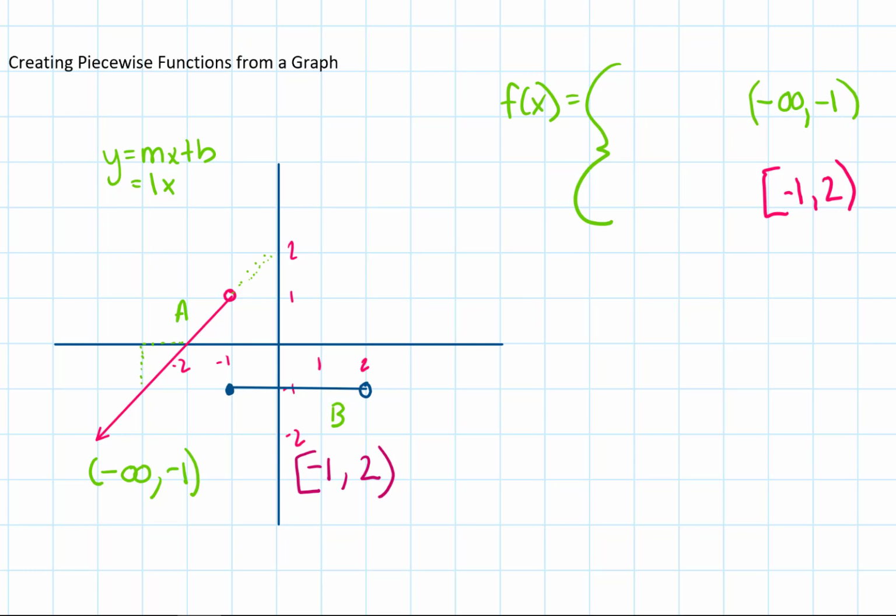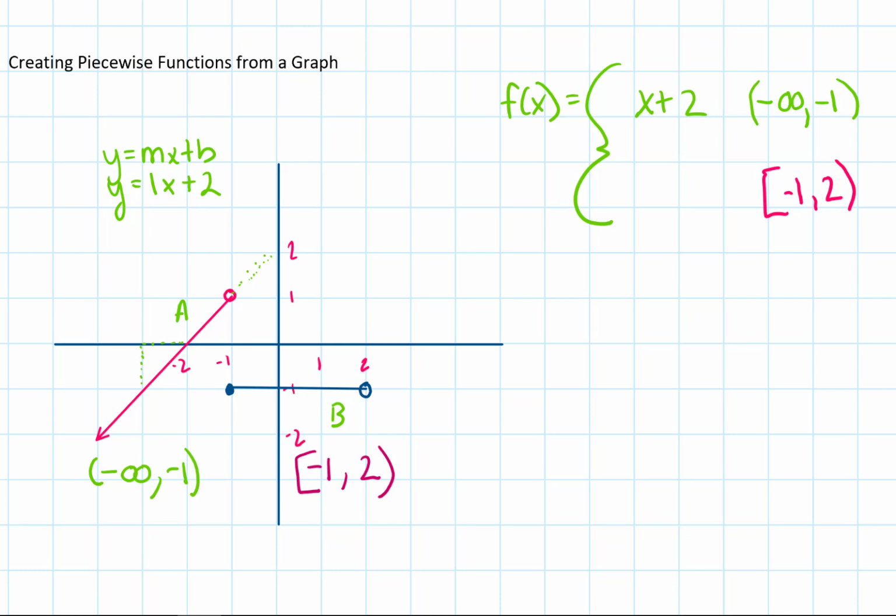It would go through the point 0, 2, which means that the y-intercept would be 2 if it continued. So the equation of that line is x plus 2. So I'm going to write that on the right-hand side. And the domain restriction is from negative infinity to -1.